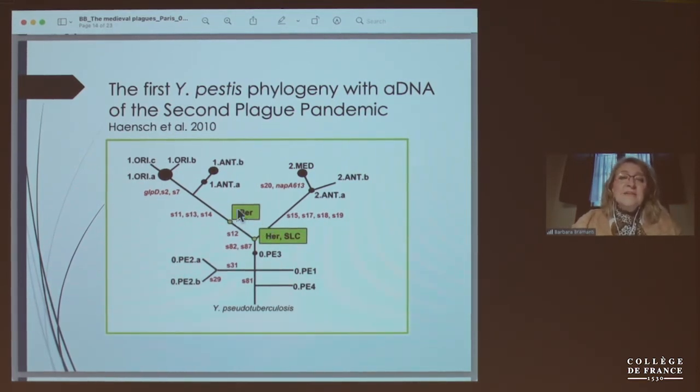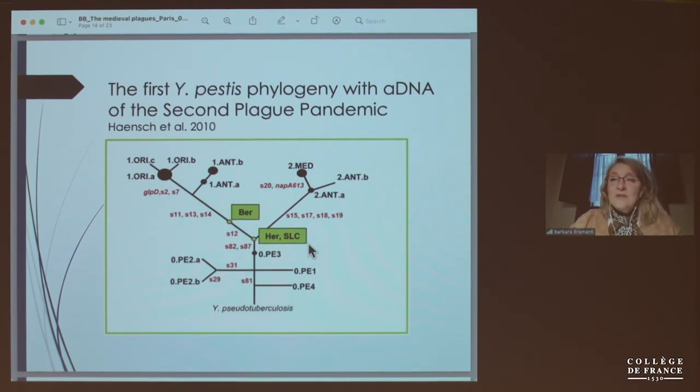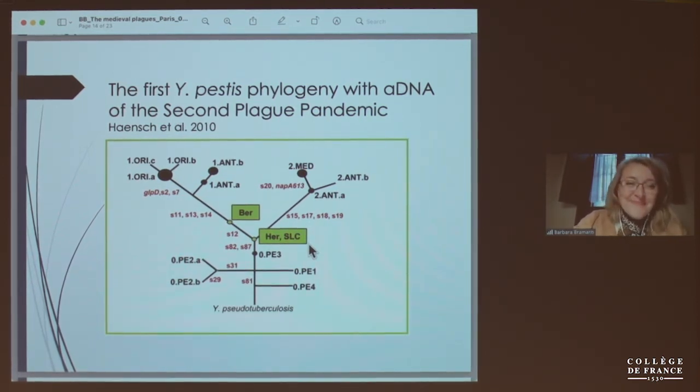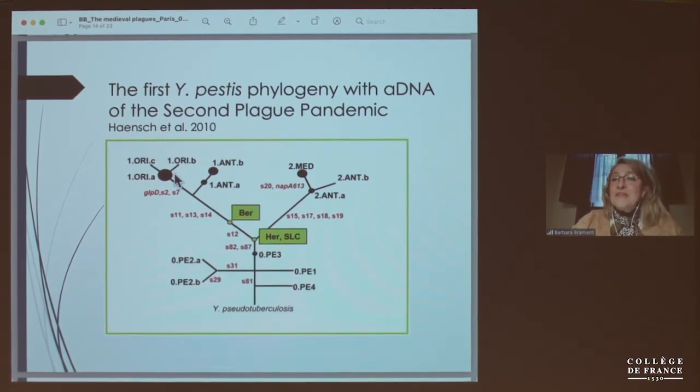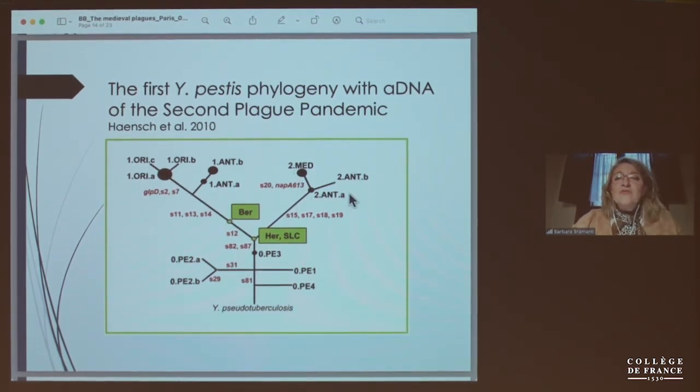And in particular, the strains were those of Bergen-op-Zoom, you can see it in green, and Erfurt and Saint-Laurent de la Cabrillerie. Okay, Yersinia pseudotuberculosis is the antecessor of Yersinia pestis. From Yersinia pseudotuberculosis to this point is the branch called the branch 0. And then you have branch 1, who has originated the third pandemic at the end of the branch. And on the other side, branch 2.